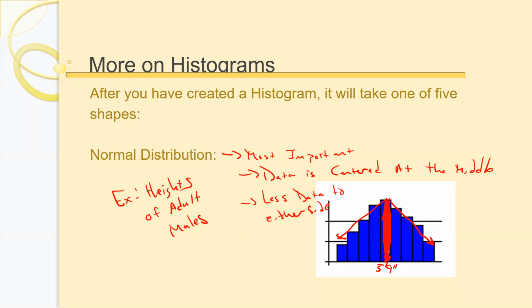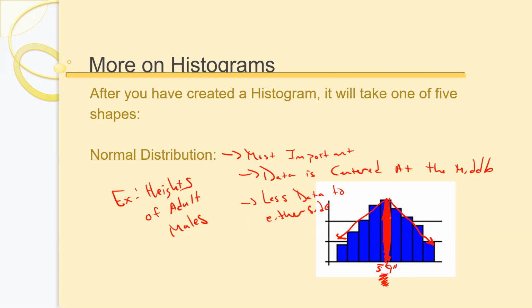So what I'm getting at here is most people in the United States are around this height. As you get taller and taller, are there people in the United States who are 6'4", 6'5", 6'6"? Yeah, but are there as many as there are who are 5'9", 5'10"?